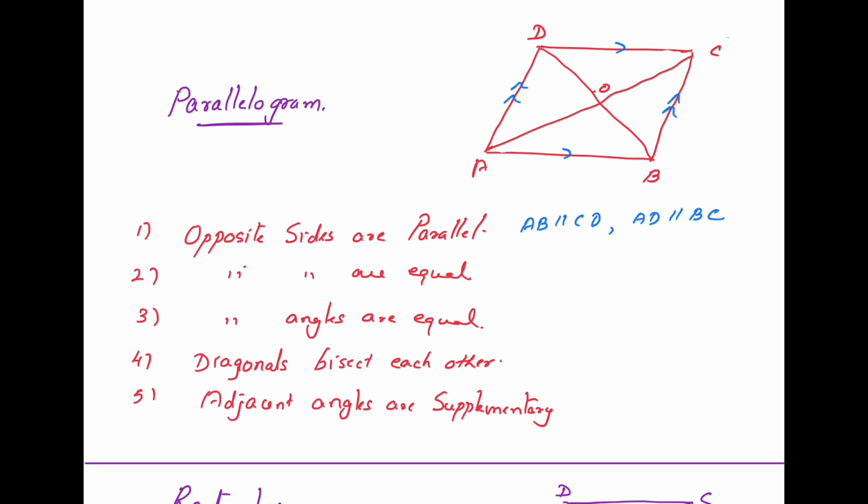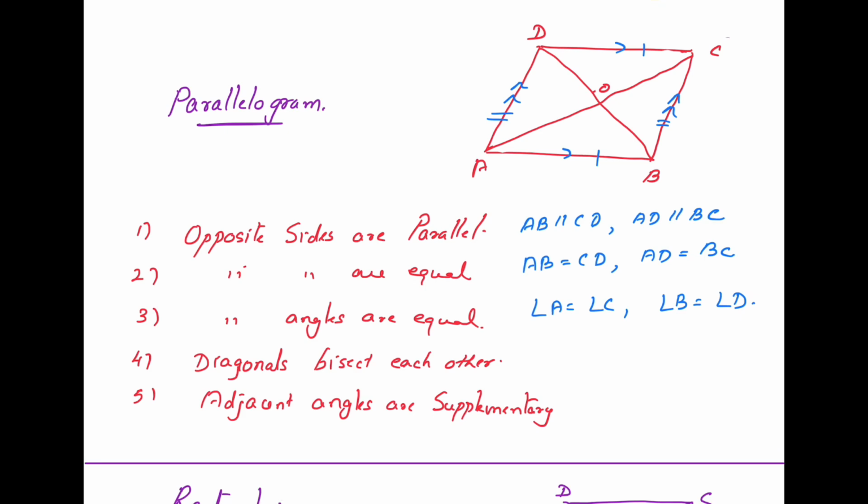Then the opposite sides are equal, so AB is equal to CD and AD is equal to BC. Opposite angles are equal, that is angle A equals angle C and angle B equals angle D.